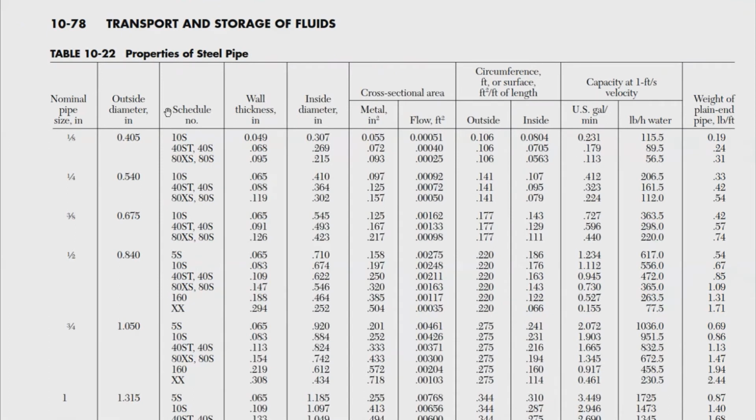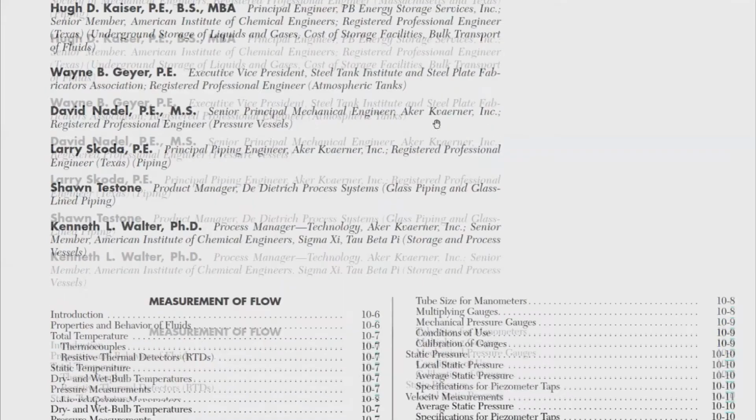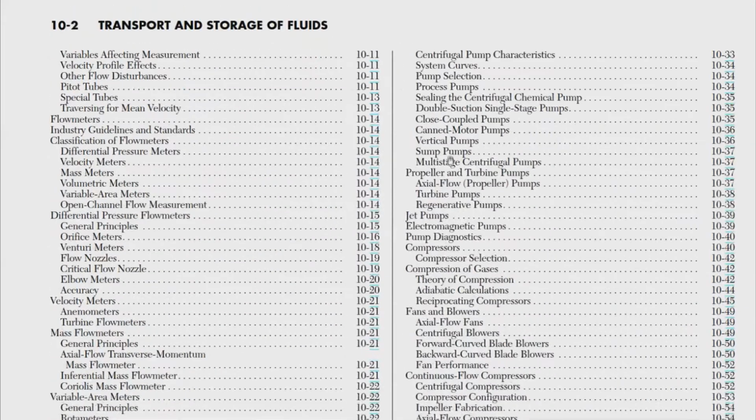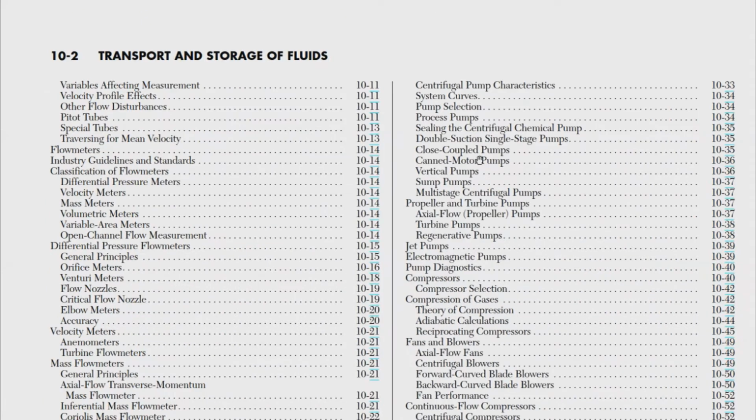In your Perry's Handbook, you can browse over chapter 10, which is the transport and storage of fluids. I'll be writing somewhere here the Perry's Handbook 9th edition, so that you have the reference. You can notice there are a lot of flow meters and other things related to storage of fluids.